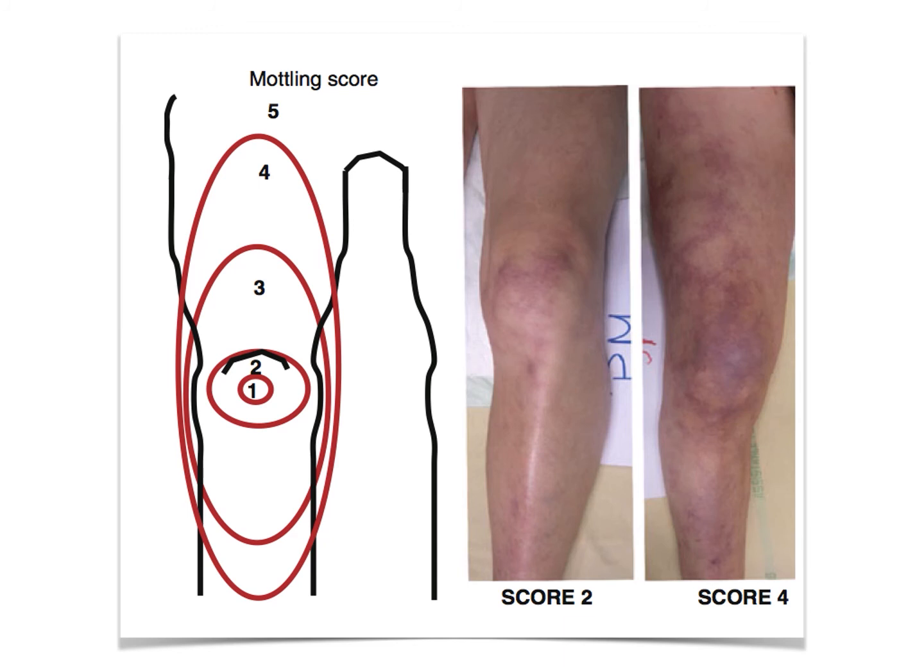Skin mottling is the patchy skin discoloration we see in poorly perfused patients and is thought to represent poor microcirculation. Based on the observation that it is most commonly seen on the patient's knees, the authors designed a score based on the extent of mottling.